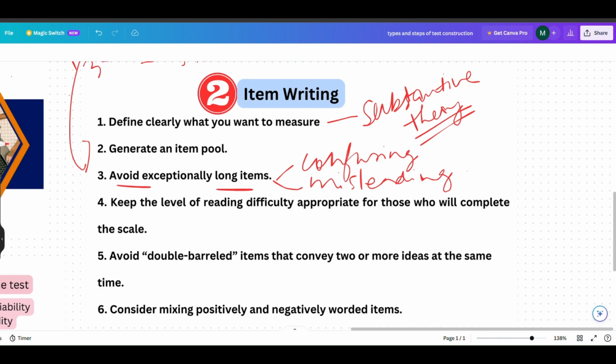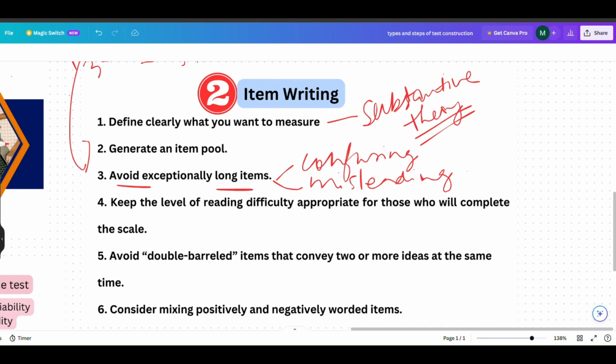So suppose we are giving the scale to middle schoolers and we have kept the difficulty of the English language similar to people who do PhD or master's level English, and it's very difficult, so those middle schoolers might not even understand what the item is trying to ask them. So they might give wrong answers or incomplete answers. Then it's redundant.